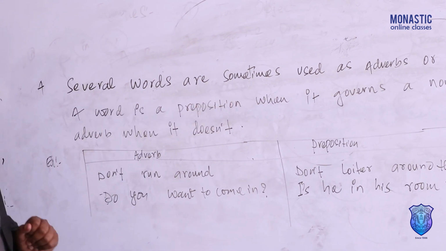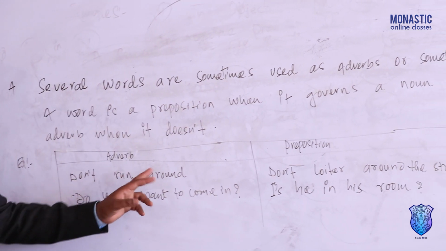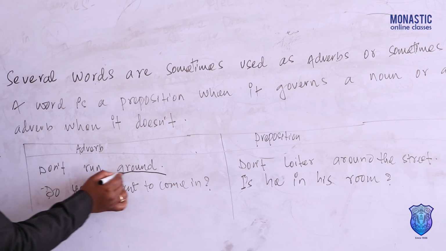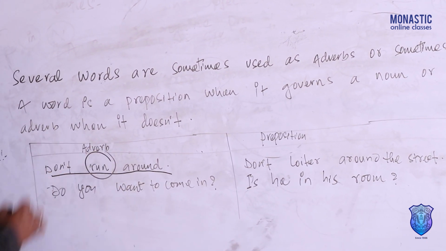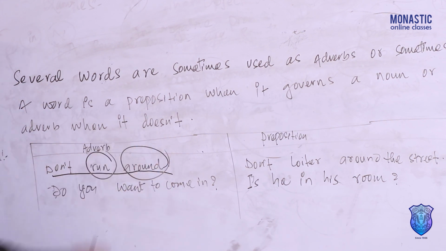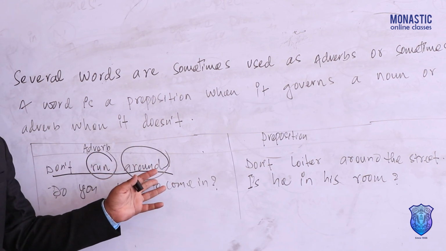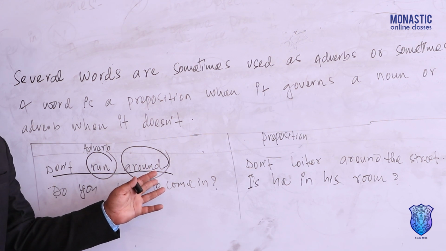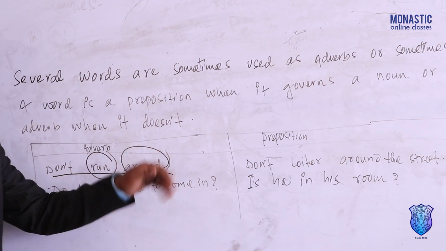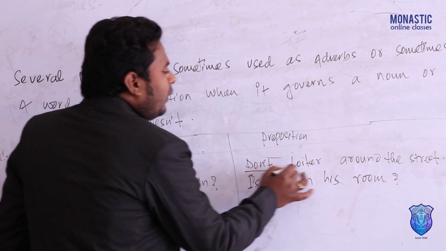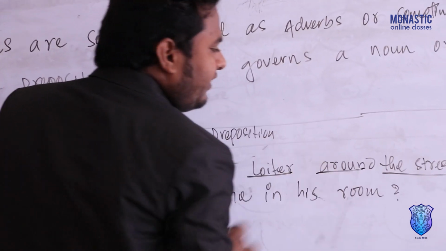Adverb and preposition: "Don't run around." Here run is our verb, and around is used as an adverb. It's not a preposition, because a preposition needs an object, and we don't see an object here. Now, "Don't loiter around the street."